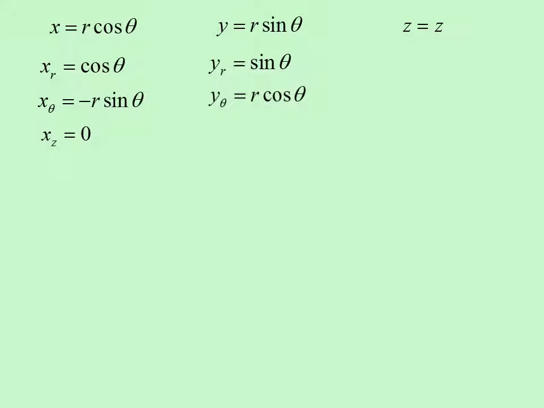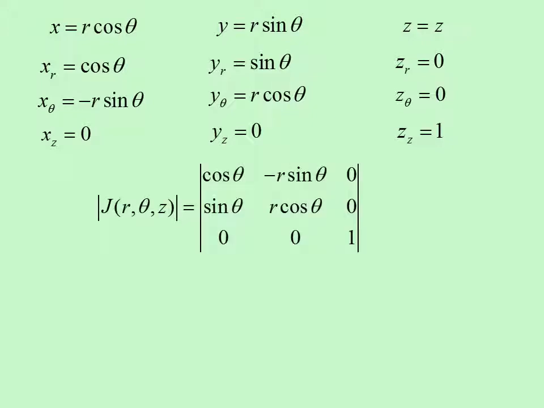Let's find the partial of each of those. The partial of x with respect to r, the partial of x with respect to theta, and the partial of x with respect to z. Partial of y with respect to r, y with respect to theta, y with respect to z. Z with respect to r, z with respect to theta, and z with respect to z. We'll set that up in a determinant and then evaluate the determinant.